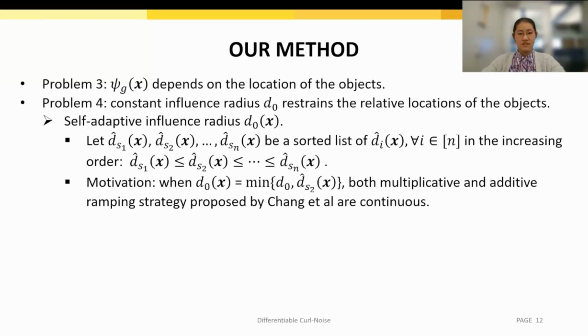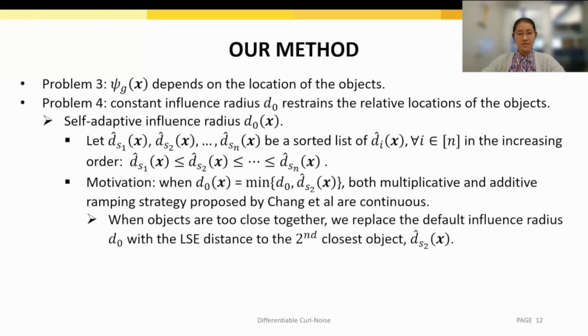This construction says, when objects are too close to each other, we replace the default influence radius d0 with the LSE distance from the query point to the second closest object. Please check out our supplementary material for detailed proof.